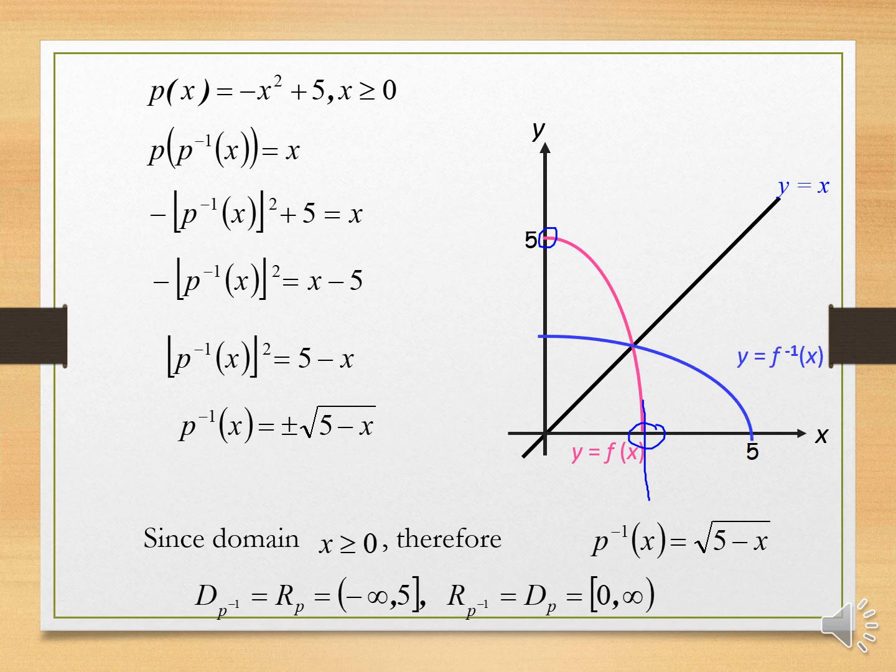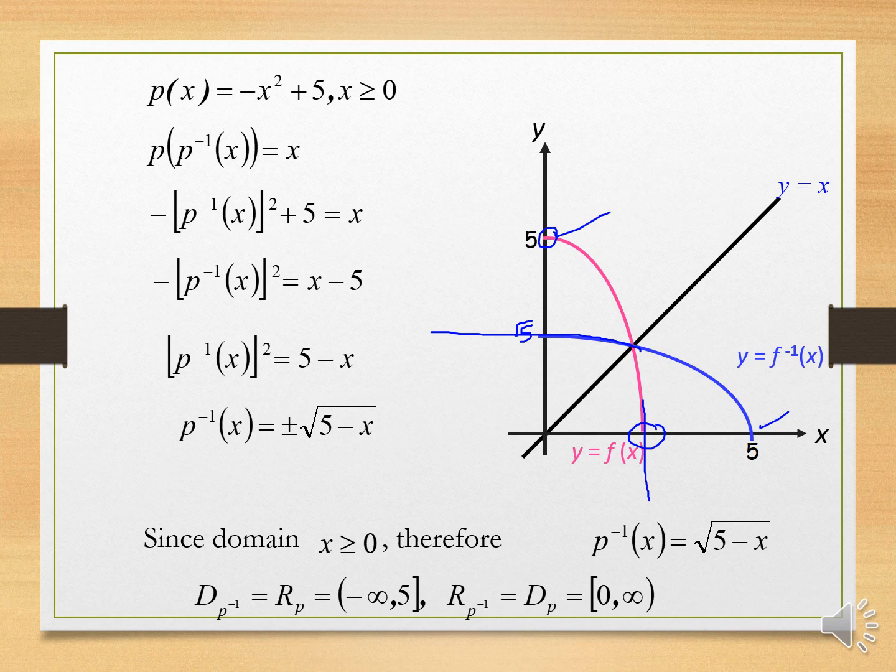Reflecting the graph in the line y equals x, the point (0, 5) becomes (5, 0), and the point (square root of 5, 0) becomes (0, square root of 5). And actually the graph is continuous like this.